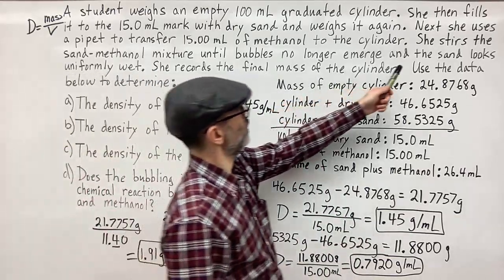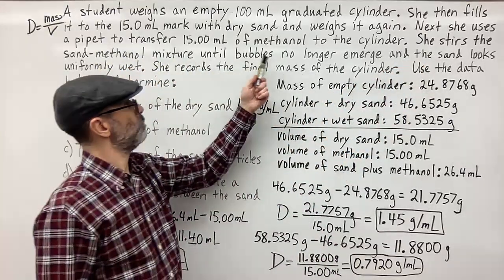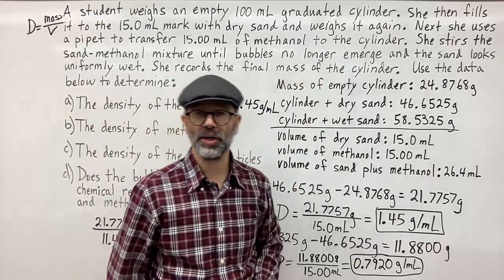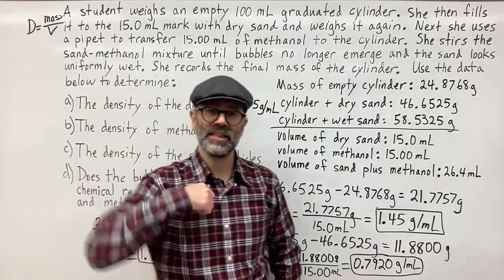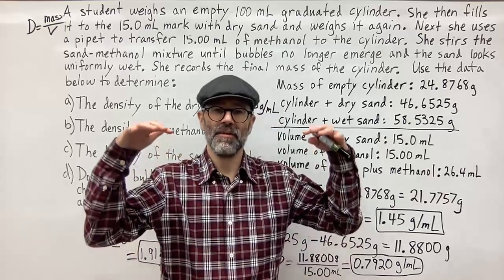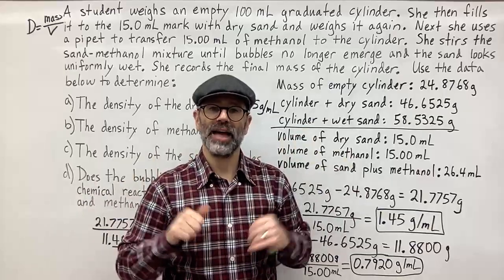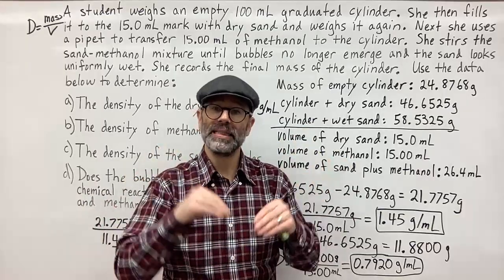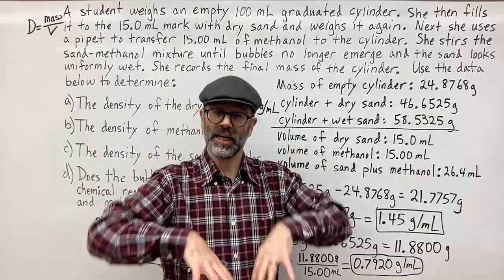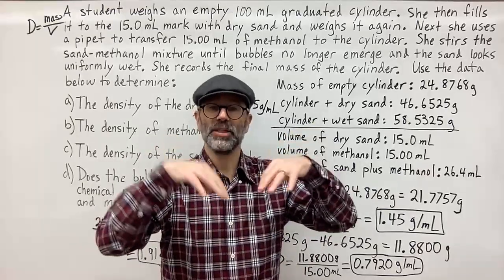Well, notice that here, what does she do? She stirs the sand methanol mixture until bubbles no longer emerge. Why is she mixing it? The reason she's mixing it is to get the methanol to seep through and push out the air and basically replace the air by filling in the spaces between the particles.